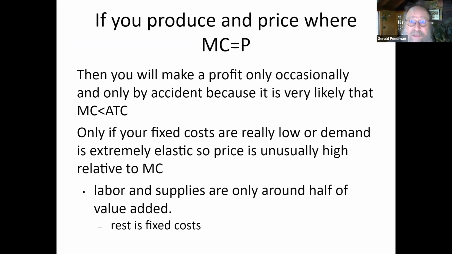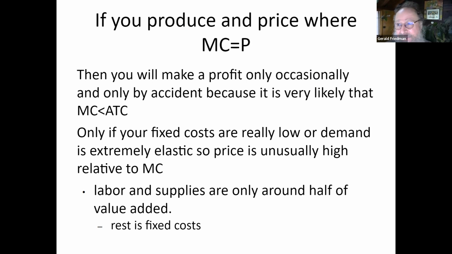If you produce and price where marginal cost equals price, you may occasionally make a profit, but it's going to be accident because it will depend on your fixed cost being really low or price being unusually high. In practice, very few businesses are like that. In most businesses, the variable costs are maybe half of value added.